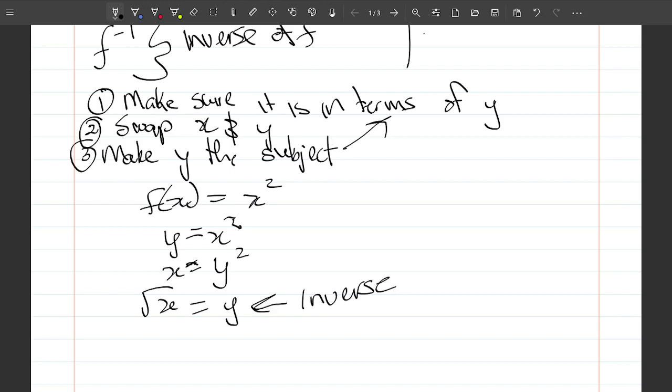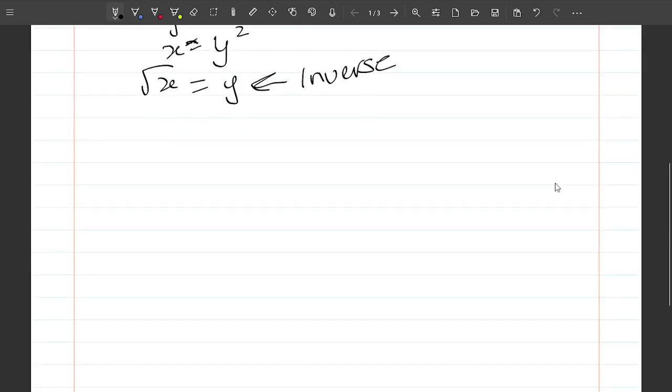Let me mention a couple of takeaways when it comes to inverses. These are some properties you have to keep in mind. First, when you have inverses, you're going to have a domain.